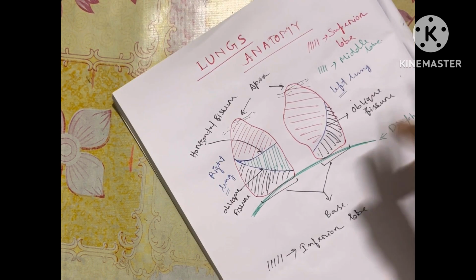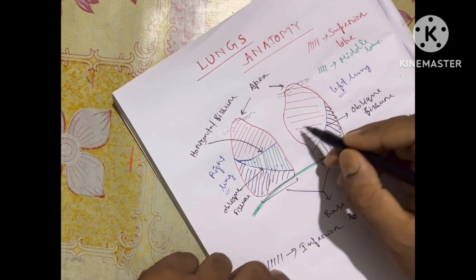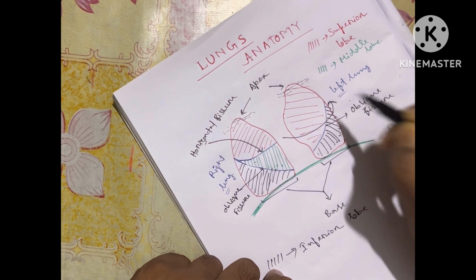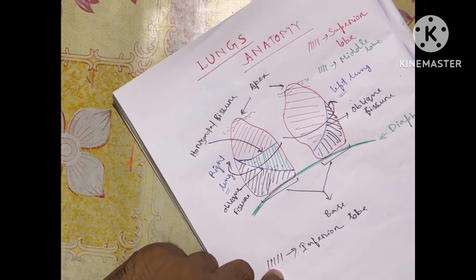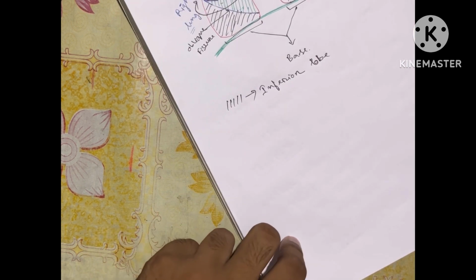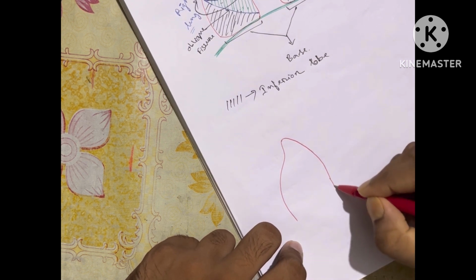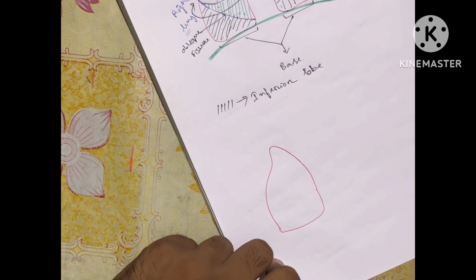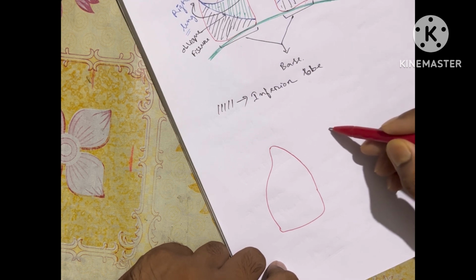If we rotate the lungs in this way, then our lungs will look like this. Our right lung will look like this, and our left lung will look like this.